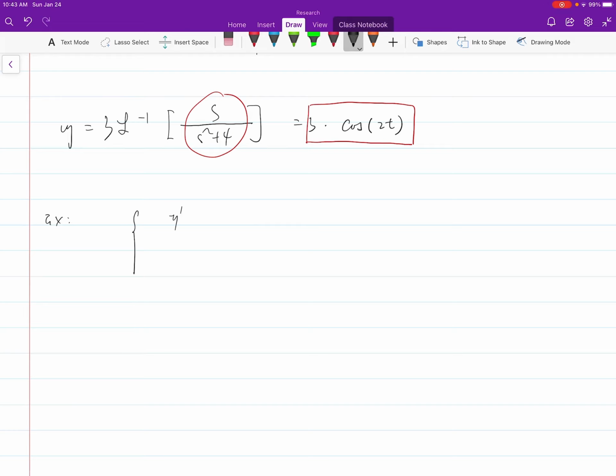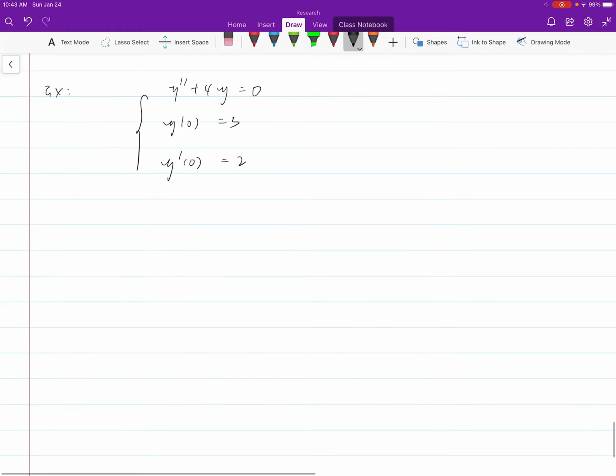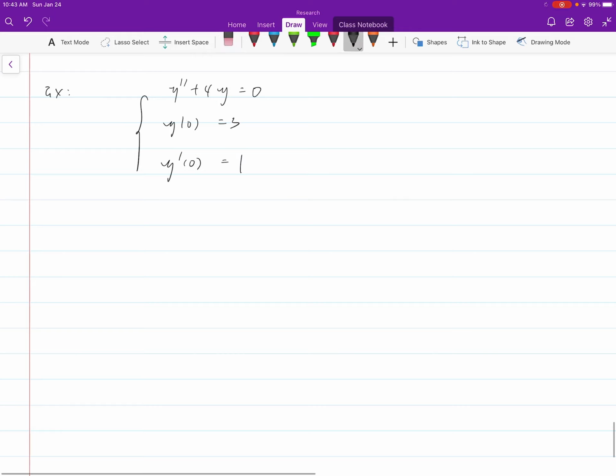Let's make it a little bit more complicated. This time we are going to give you an initial displacement, and we are also going to give you an initial velocity. Let's do 1 to separate them.